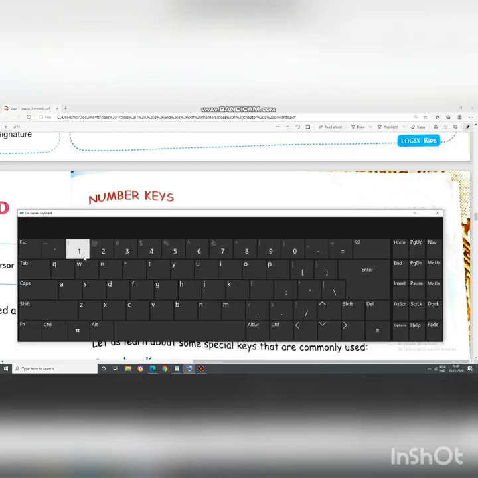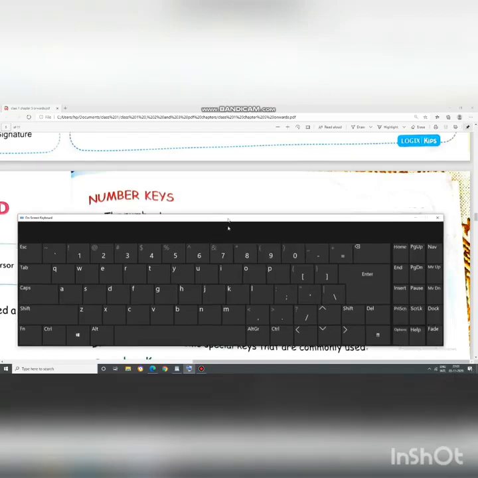In order to go for a double digit, I need to press 1 and 0, which means 10. If I need a number like 78, I need to press a single digit 7, a single digit 8, and then only I can get the number 78.